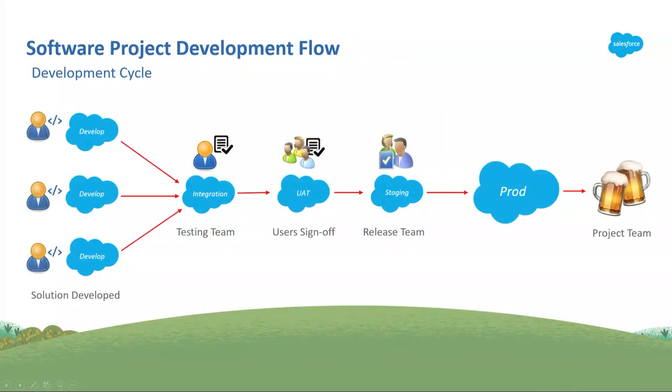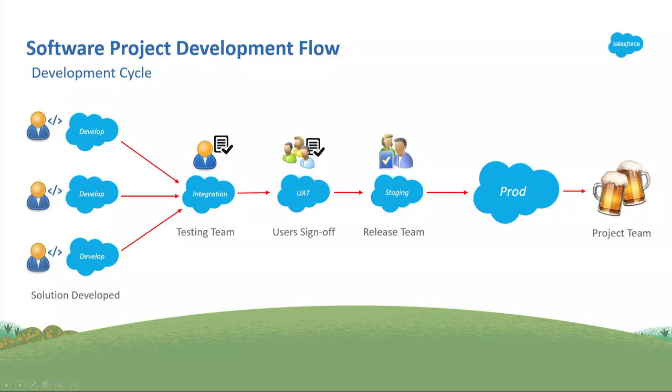So far we've talked about the general methodologies used in software development projects, but let's take a closer look into the development flow. On a typical development project, each developer gets their own sandbox to perform their tasks. And once they have finished coding up the tasks, they may run some unit tests and call it done.